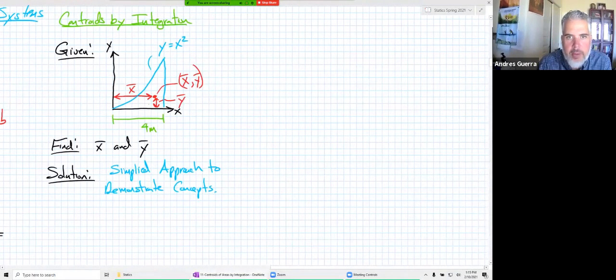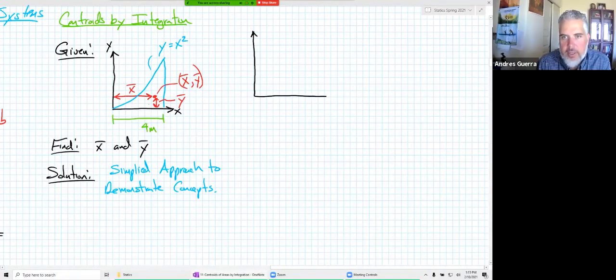And then we'll get into the actual approach. We'll use the same problem. So let's say we have our shape here, x and y, and it looks something like this.